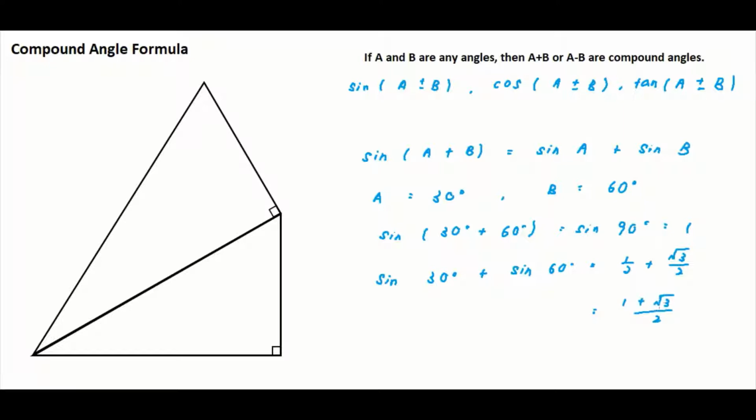From here, you can definitely see that 1 and 1 plus square root 3 over 2 are different things. So that's why sine A plus B is not equal to sine A plus sine B. That's why we need to come up with the compound angle formula, so we know how to actually expand this expression.